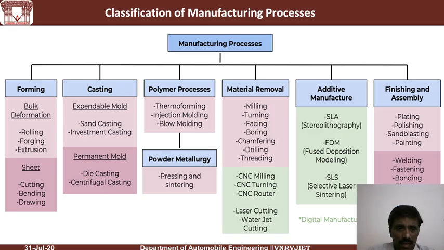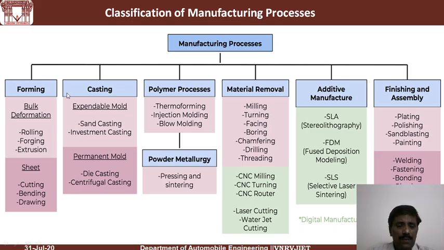That means in the forming process we change the shape of the material from one form to another form. So that's why it is called forming process. That is further classified as bulk deformation process and sheet metal working processes. We'll discuss these in detail when we go into the syllabus.